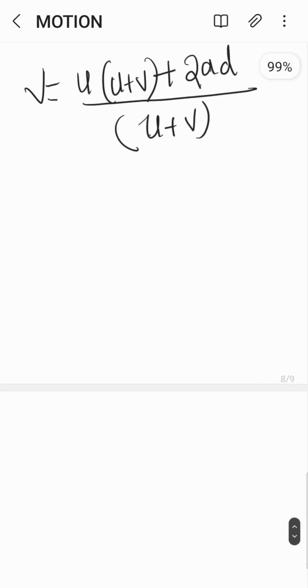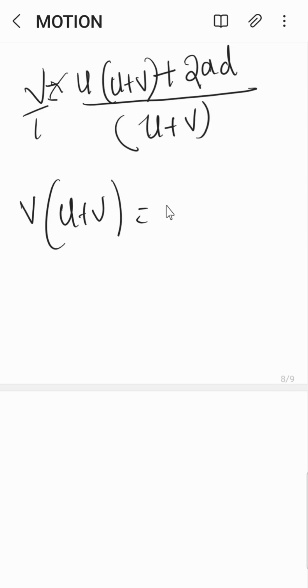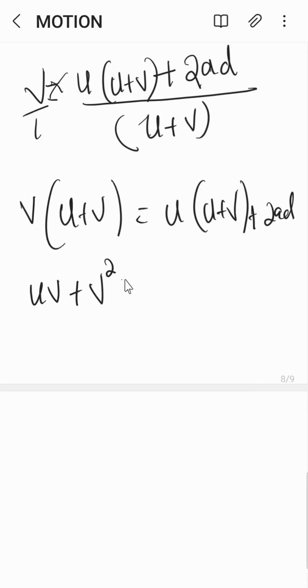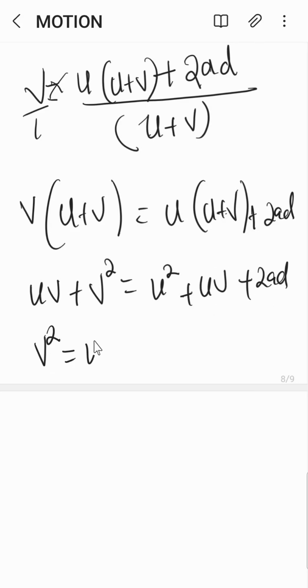All right, so now you cross multiply again, so you have v multiplying (u plus v) is equal to u times (u plus v) plus 2ad. So v will give you uv plus v squared is equal to u squared plus uv plus 2ad. So you have now v squared is equal to u squared plus uv. This can change side, and if it changes side, it changes sign.